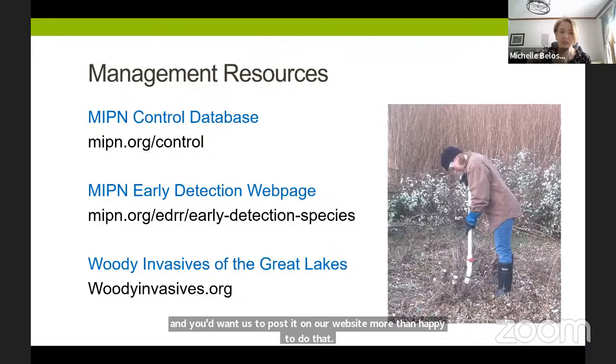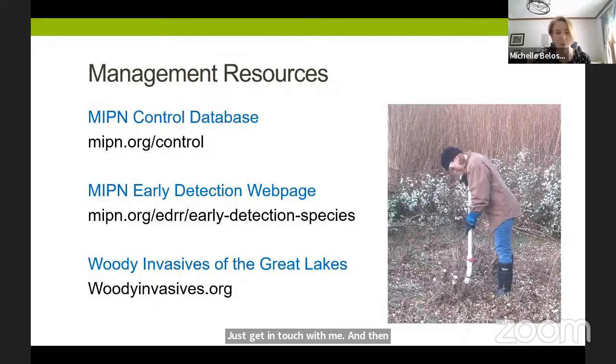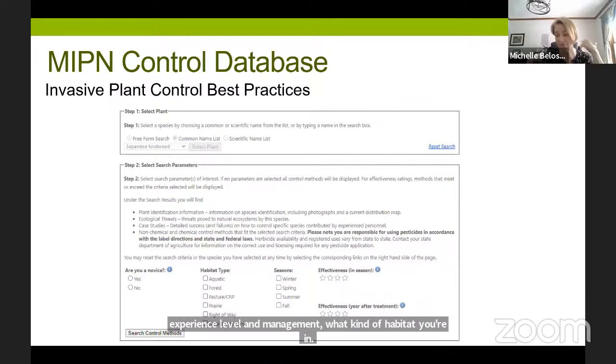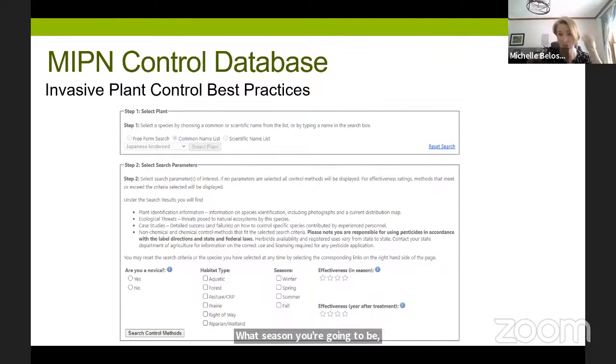And then I mentioned our Woody Invasives of the Great Lakes website as well, which I just can't recommend enough. The control database, I think, is an underused tool, but you can search for over 40 different invasive plants, and then you can do a customized search based on your experience level in management, what kind of habitat you're in, what season you're going to be managing in, because sometimes you don't have a choice.